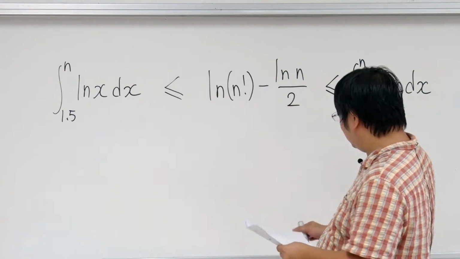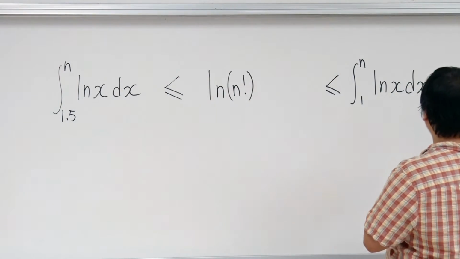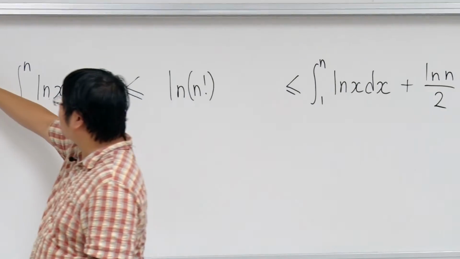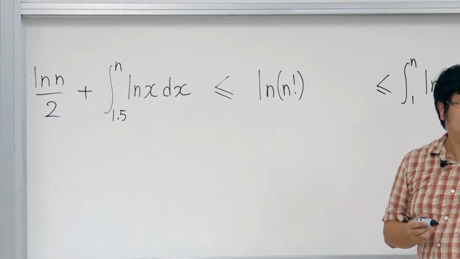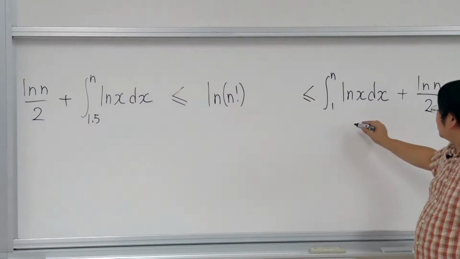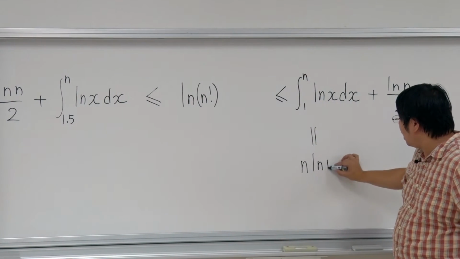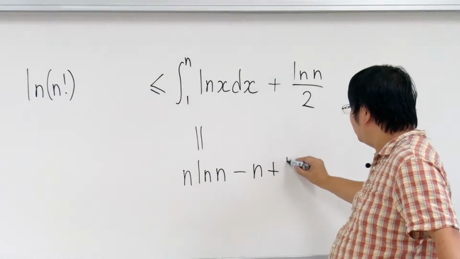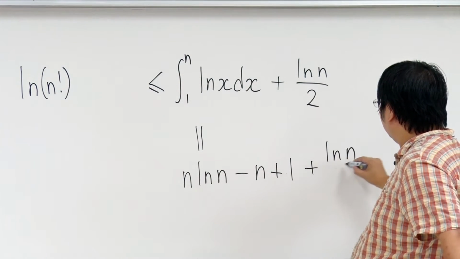So if we move this to both sides, we can add log n over 2 here and add log n over 2 here. So log of n factorial is bounded by this term and this term. And what is this term? We have computed this. This is going to be equal to n log n minus n plus 1 plus log n over 2.